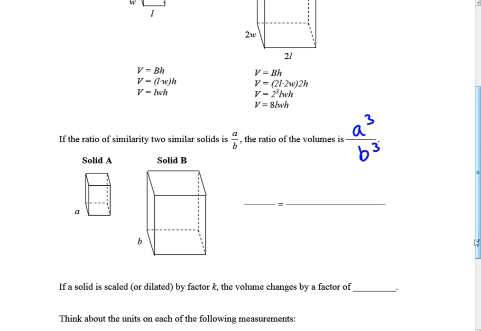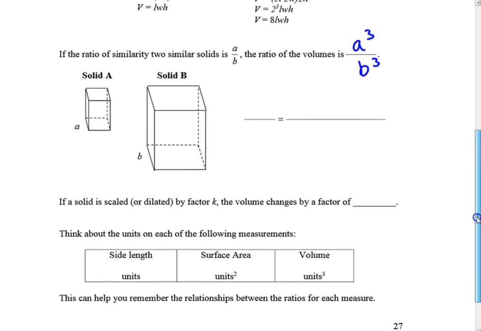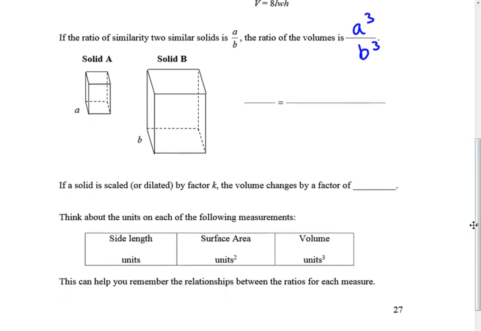What I want to point out here is if a solid is scaled or dilated by a factor k, then the volume changes by a factor k cubed. When we think about these lengths, a side length is in units, surface area is in units squared, and volume is in units cubed, and that can help us keep in mind the ratios for each measurement.